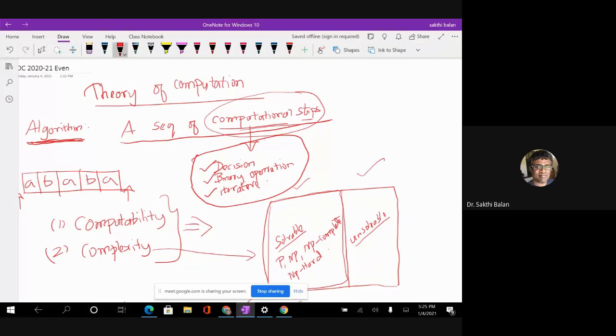So when I look at these steps as computational steps, now I am going to look at what problems I can solve if I do these kinds of computational steps.